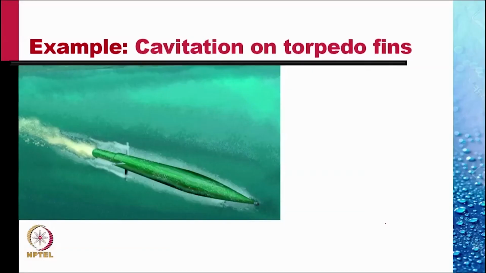Let's do one example: cavitation on torpedo fins. You see, when a torpedo is moving under the sea, on the fins the velocity increases and so the pressure decreases. As the pressure decreases below the vapor pressure at that temperature, a vapor bubble is formed.